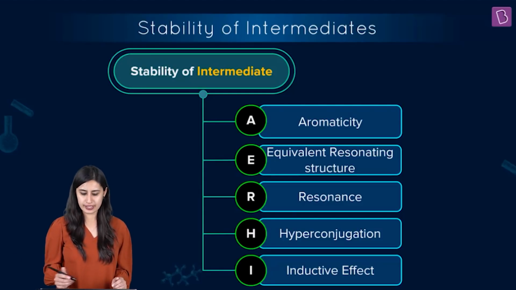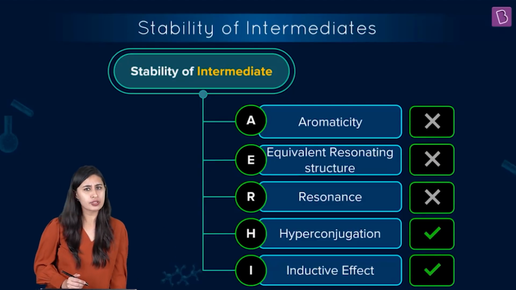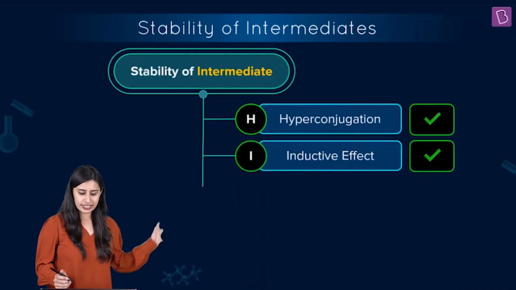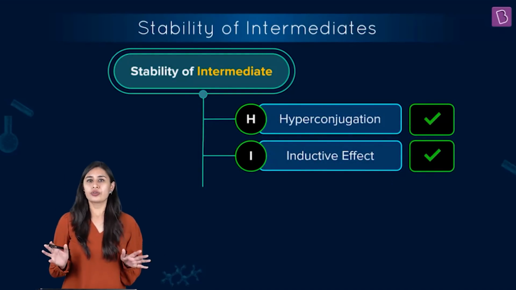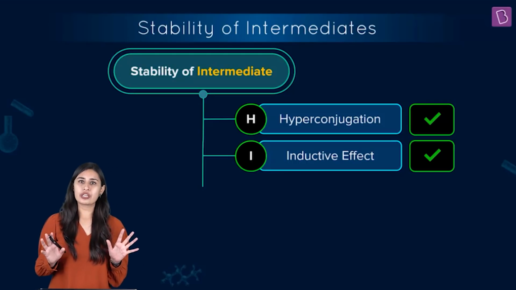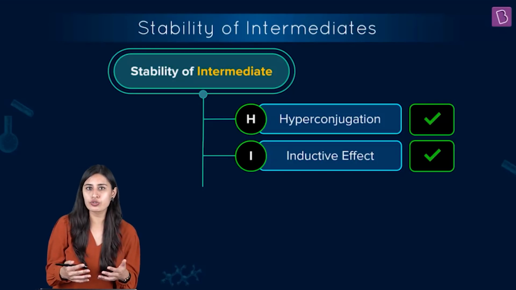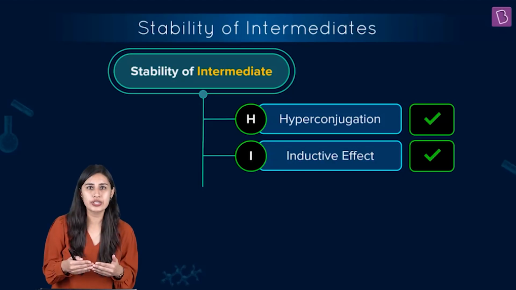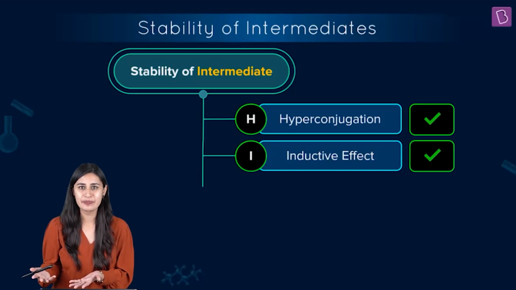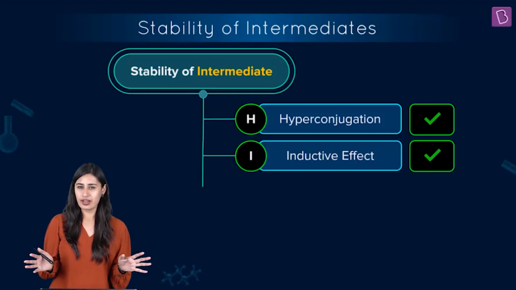So the only things that you're left with are hyperconjugation and inductive effect. So let's do one thing. Let's just take these two up and understand them. You know that when we talk about hyperconjugation, the game is all about alpha hydrogens. More the alpha hydrogens, more the hyperconjugated structures, more the hyperconjugated structures, more the stability, right? So when I talk about hyperconjugation, of course, we understand how to think of.